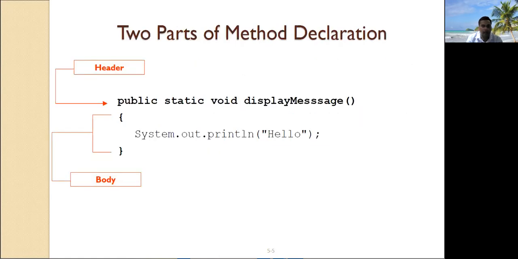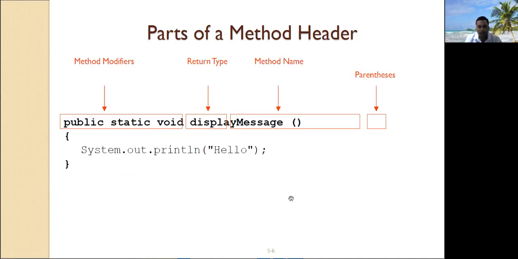The definition of a method is divided in two parts. The first part is the header part and the next part is the body part. In the header part, we can specify the modifiers like public static, and after that we can specify the return type of the method as void.